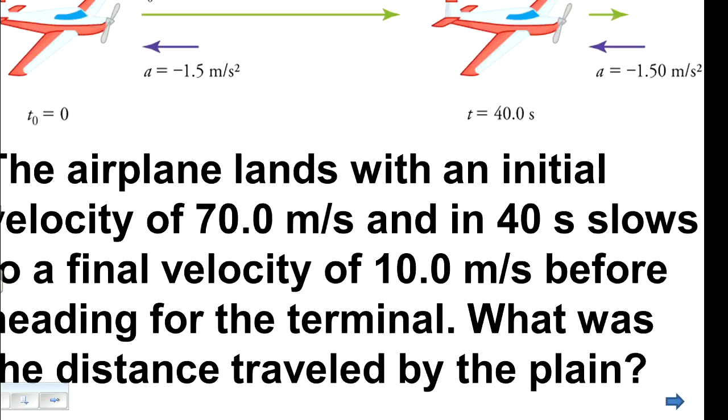Initial velocity already is in meters per second. Slows down. Calculate distance traveled. So please transfer all information you need, because I want to switch to a different slide. I want to show a shortcut.